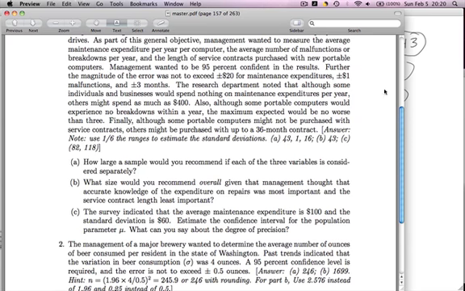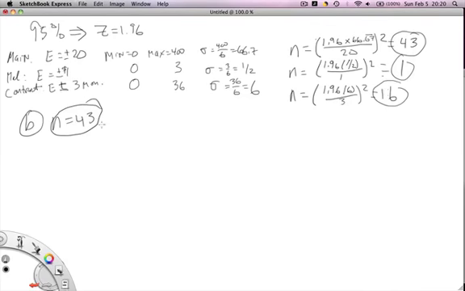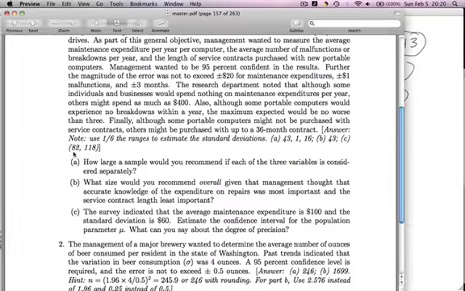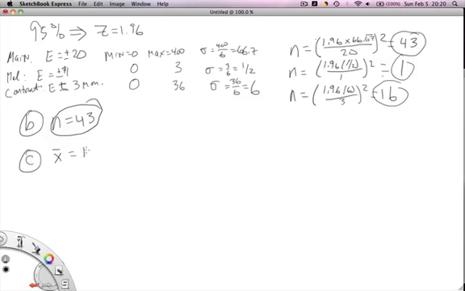Part C. The survey indicated that the average maintenance expenditure is $100 and the sample standard deviation is 60. Find the confidence interval for this. All right, so we've done our survey of 43. X bar was 100, and the standard deviation was 60. So S is 60.